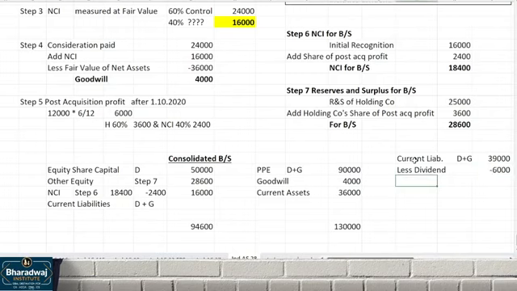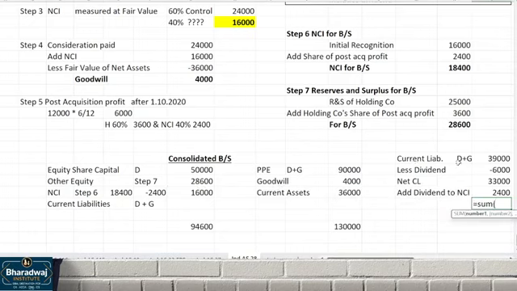So, what will the net current liability be? 33,000. Add dividend payable to NCI. What is the dividend payable to NCI? 2,400. So what will be the net impact? 33,000 plus 2,400 will be 35,400.